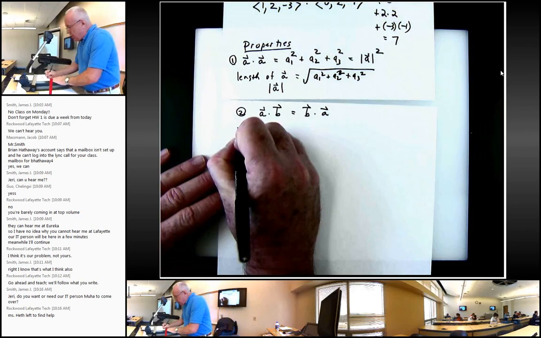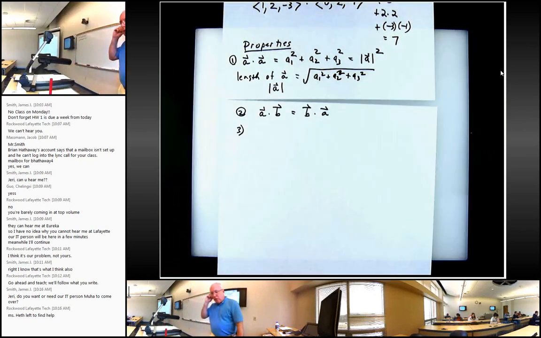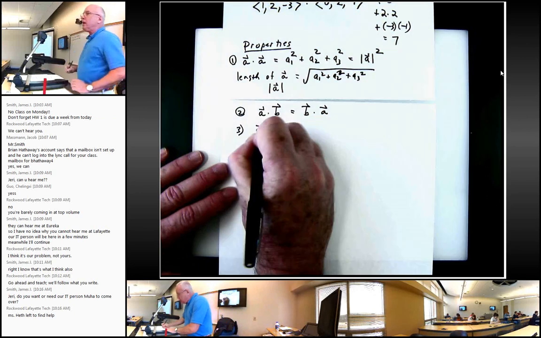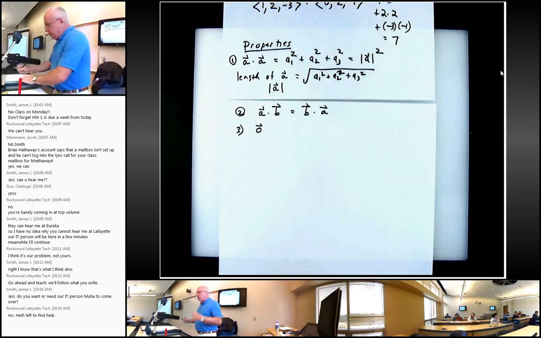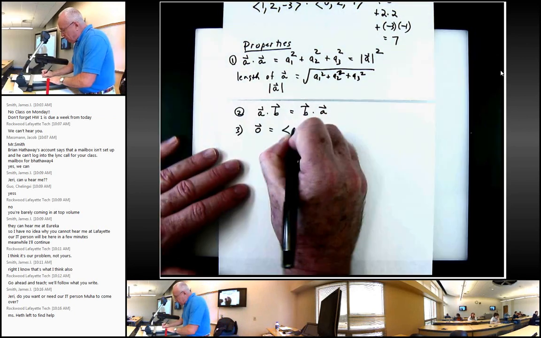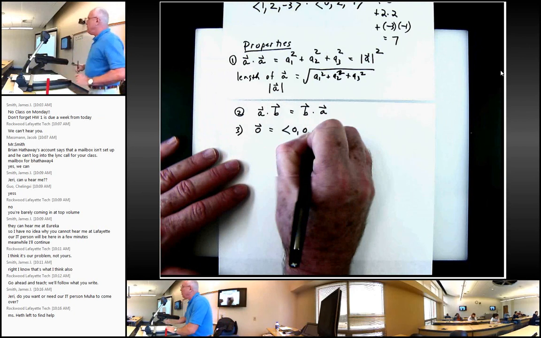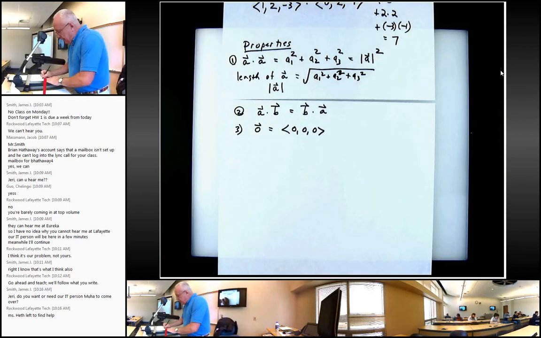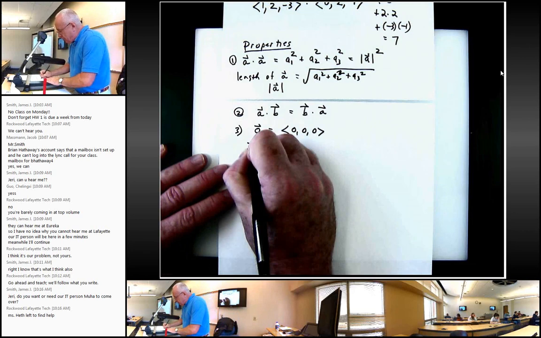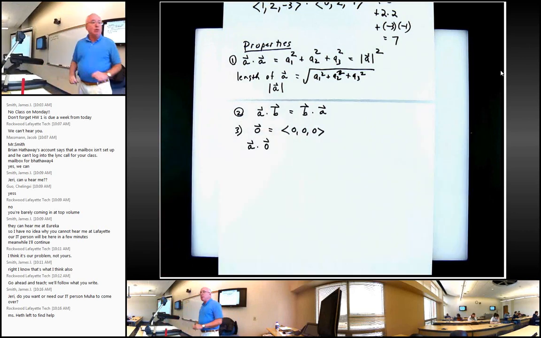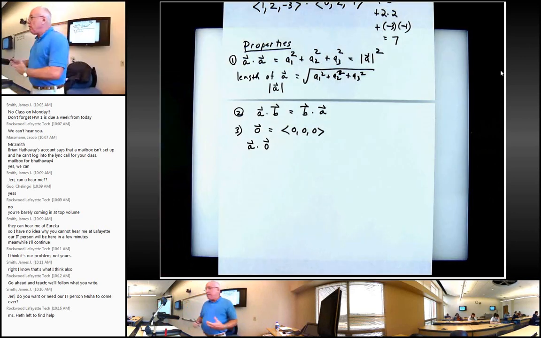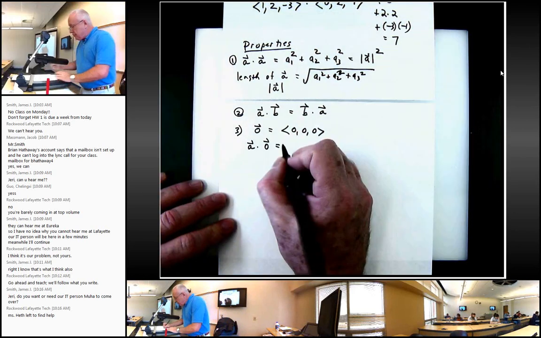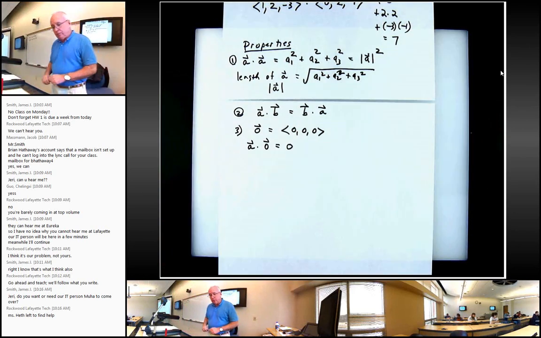Now the third one, before I go into it, let me just mention this again. The zero vector in three dimensions is the vector with 0, 0, and 0 all the way across for its components, all right? So if we take any other non-zero vector and dot it with the zero vector, obviously all these multiplications are going to become 0, so that is equal to the number 0.